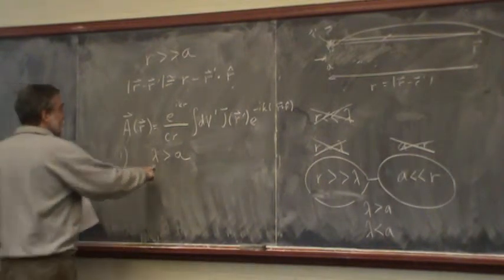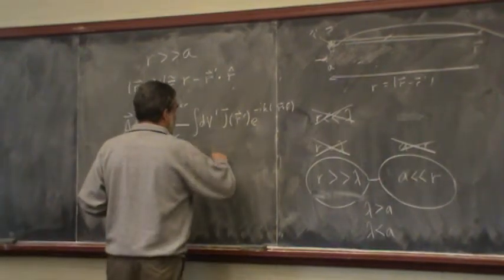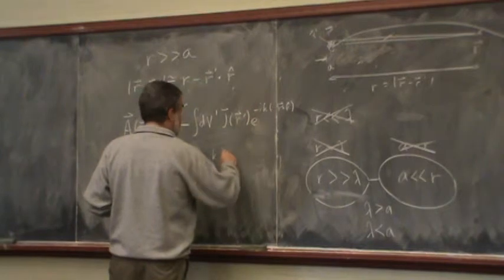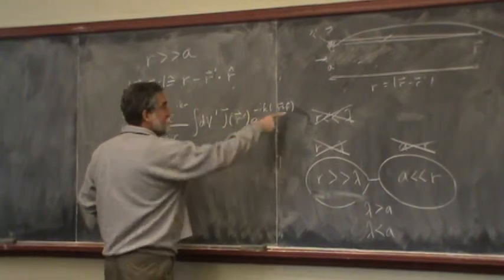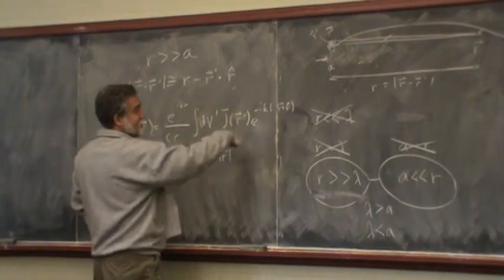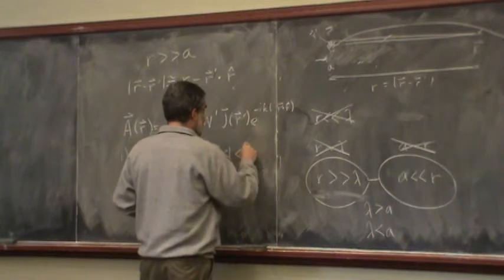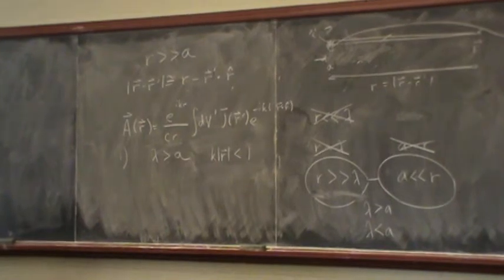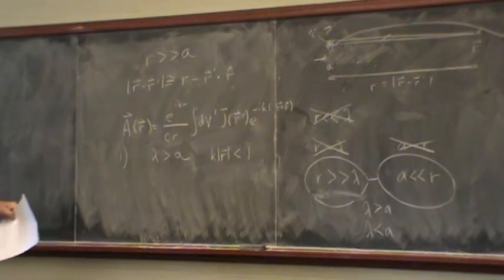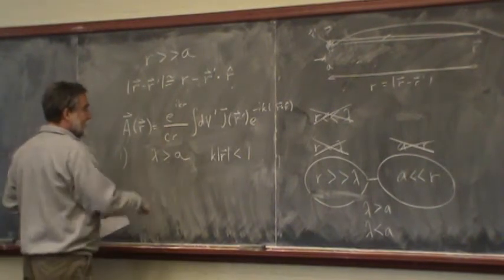If the wavelength is much greater than A, then k times the magnitude of R prime, which is going to be less than that, is less than 1. Neglecting factors of 2 pi, it's got to be smaller than the size of the system, than the wavelength, right?